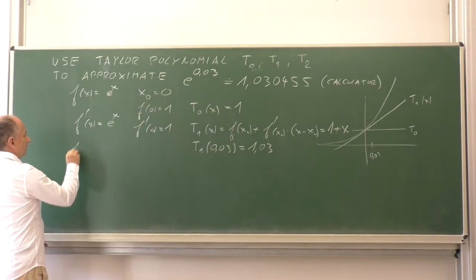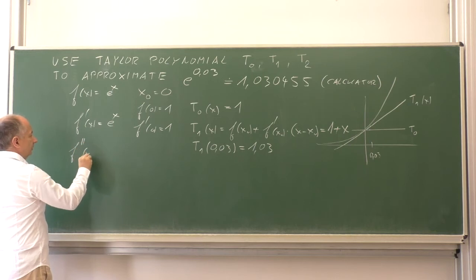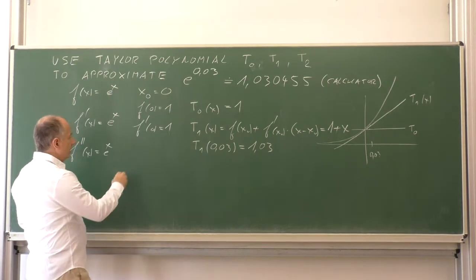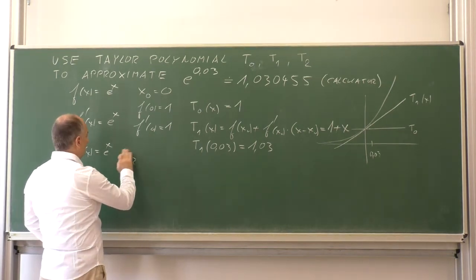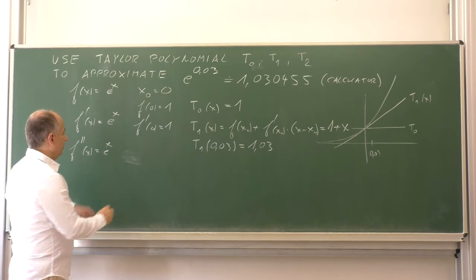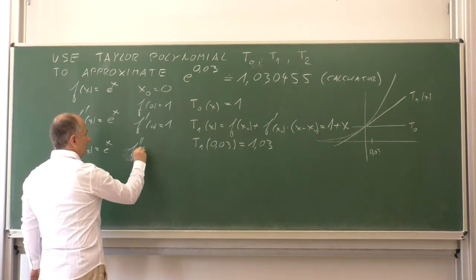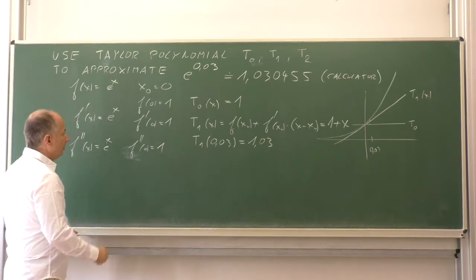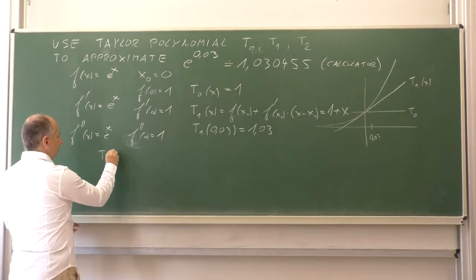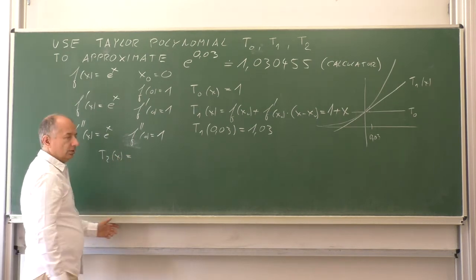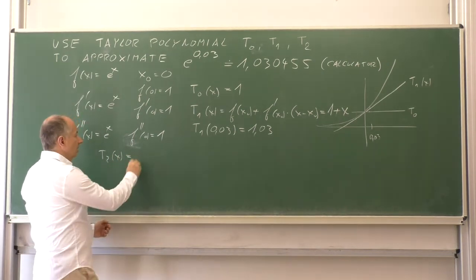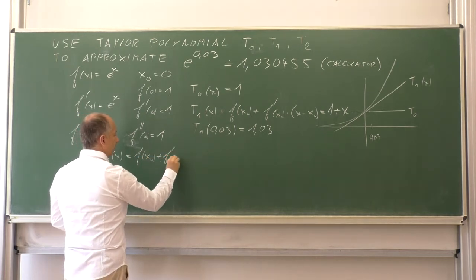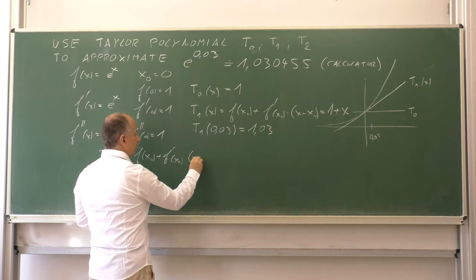For the second order, we need the second derivative. Derivative of e to x is again e to x. So for the second order, we evaluate this derivative at the point 0, which is again e to 0, which is 1. And now we can write T2, the second order Taylor polynomial, which is the function value plus the derivative times x minus x0.